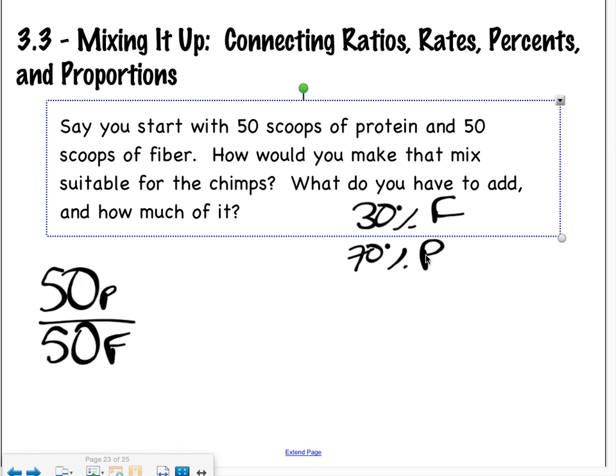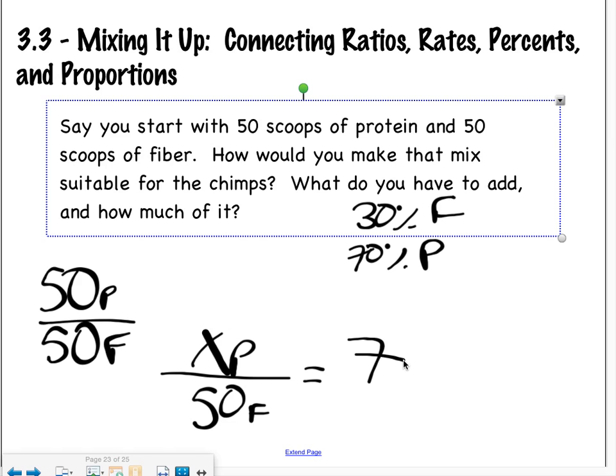So that means we're going to be keeping fiber the same and figuring out how much protein we need to add. If we're keeping fiber the same and changing protein, we're going to have X protein over 50 fiber. And we need to make that in a ratio of 70% to 30%, or 70 scoops to 30 scoops, or 7 protein over 3 fiber.